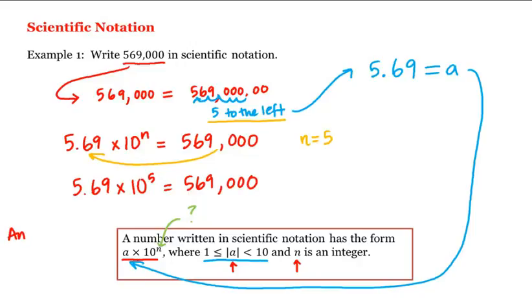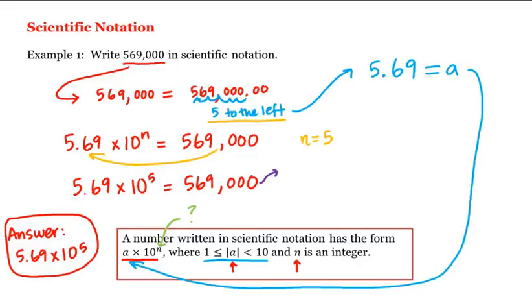Therefore, our answer is 5.69 times 10 to the 5th. And let's check this. What is 5.69 times 10 to the 5th?